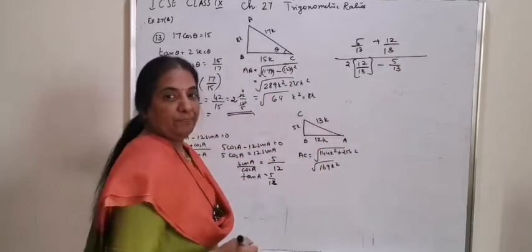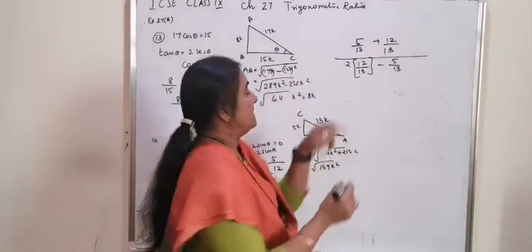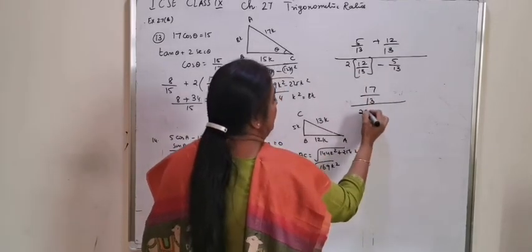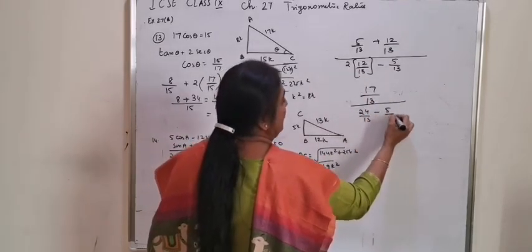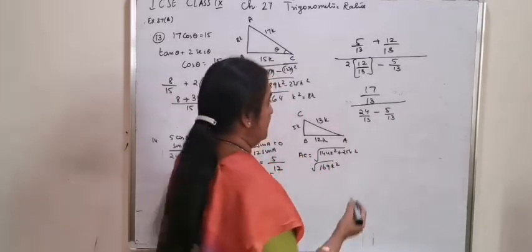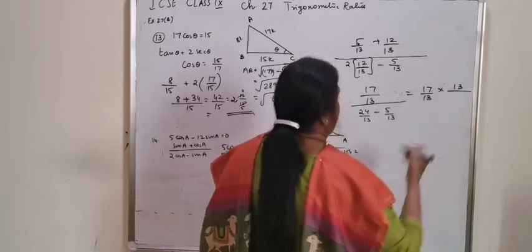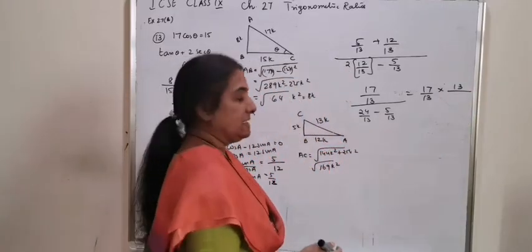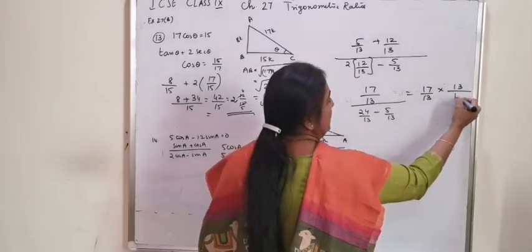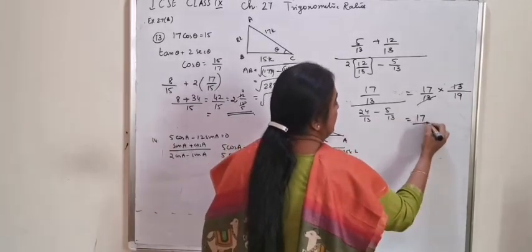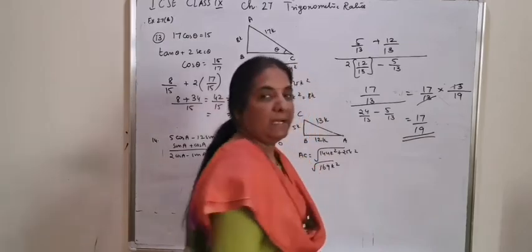The numerator 5 plus 12 is 17 by 13, divided by 24 by 13 minus 5 by 13. That is 17 by 13 into 13 divided by, what is 24 minus 5? It is 19. So 13 and 13 get cancelled and the answer is 17 by 19.